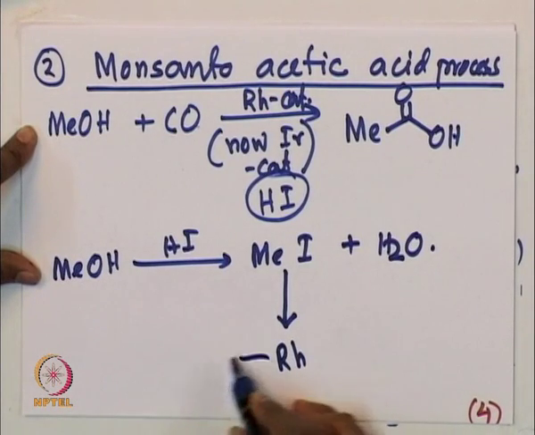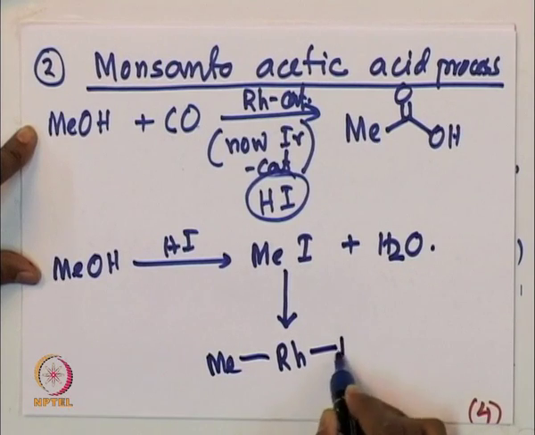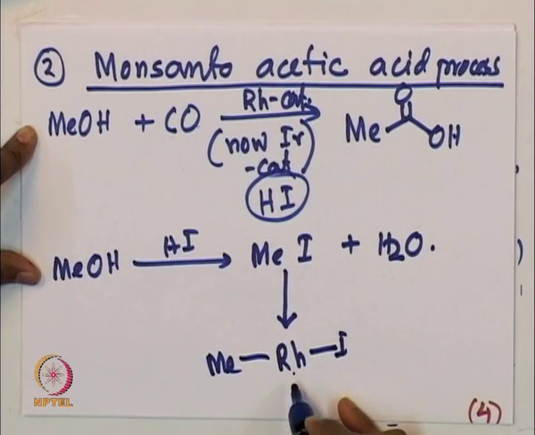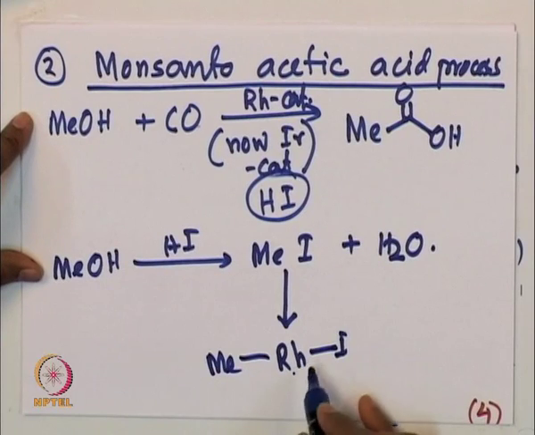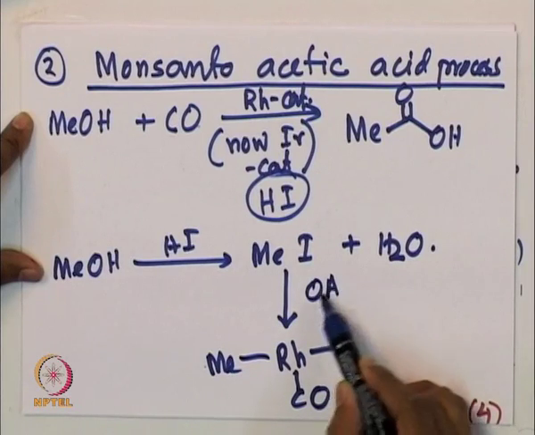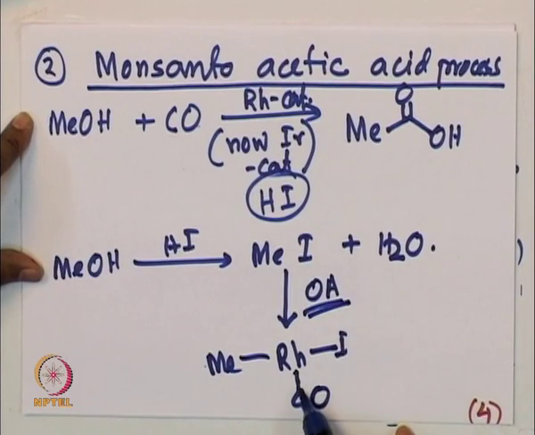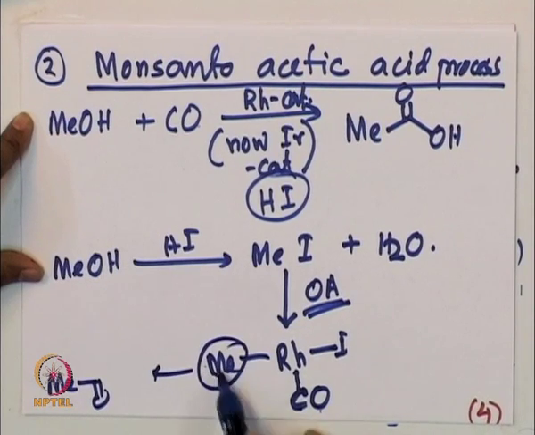You have methyl and iodide. I am not drawing the ligand on rhodium. Then, of course, CO coordination. This is an oxidative addition of methyl iodide and coordination of CO. You get methyl and CO cis to each other, from where you will get MeCO, alpha migratory insertion.